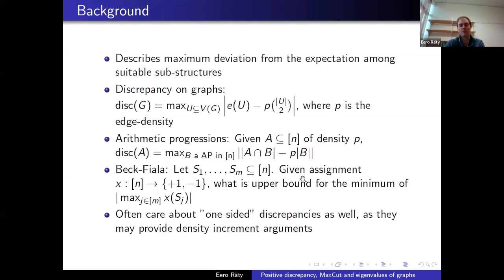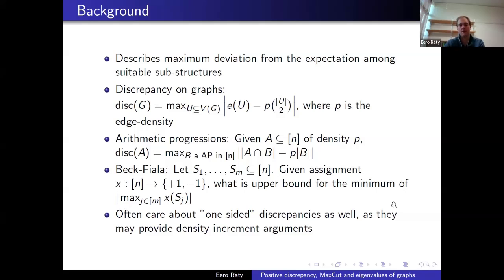Quite often we have some sets living on the ground set [n], and we want to assign each element a value plus or minus 1, and then within each of these sets we calculate the sum of the entries associated to it.